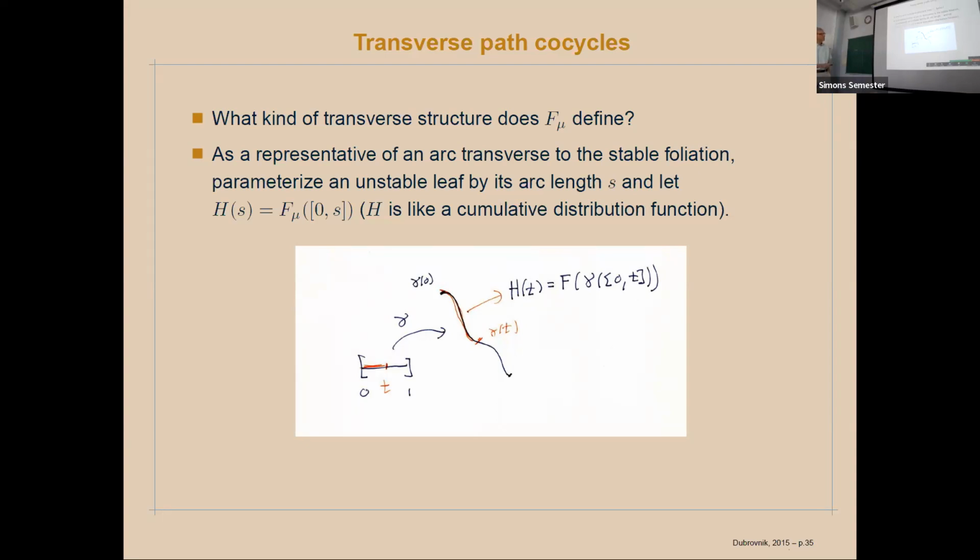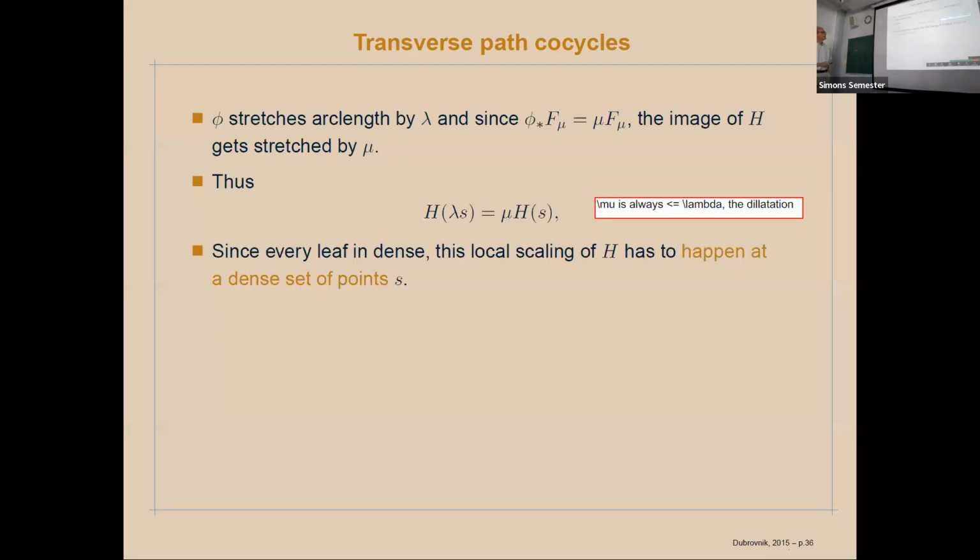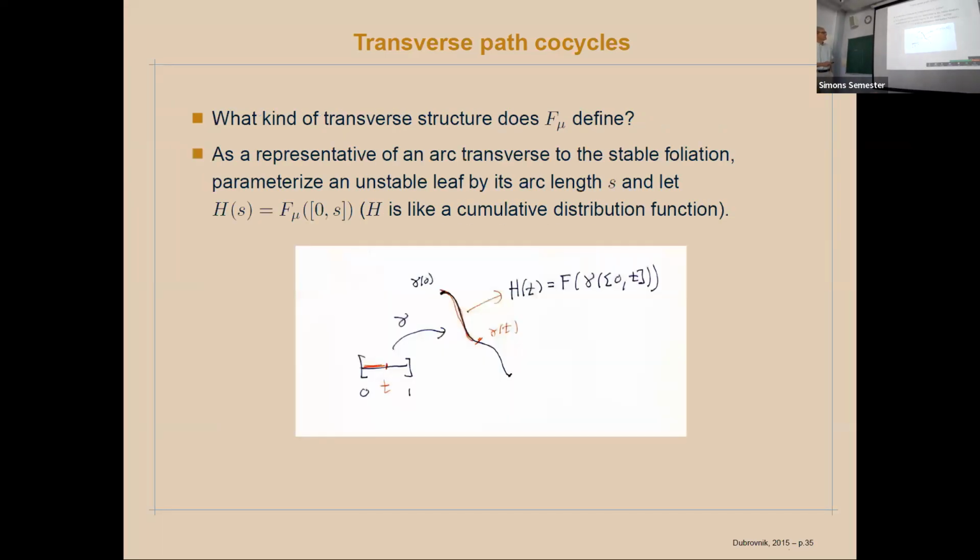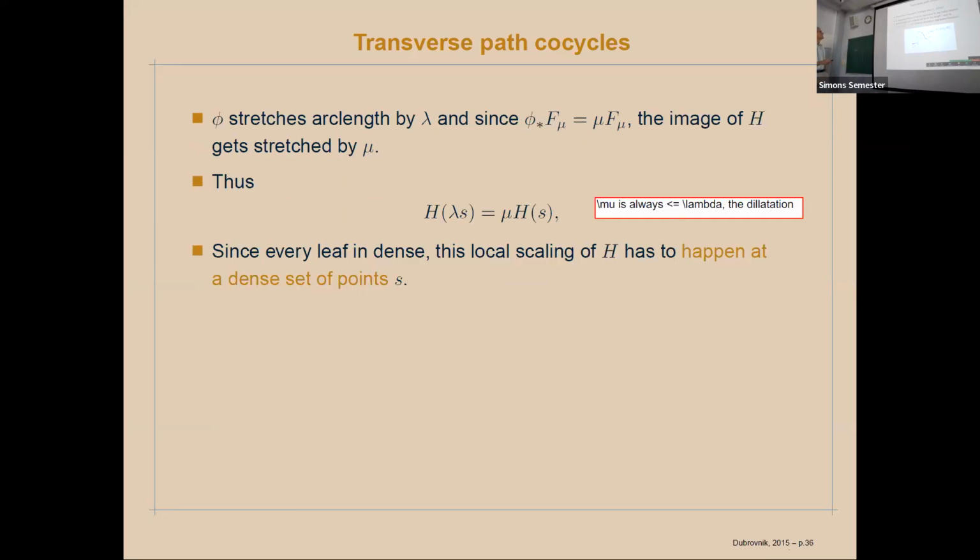So this gives a nice function like a cumulative distribution function. What property does this have? We're going to study this to tell us what kind of object these actually are.